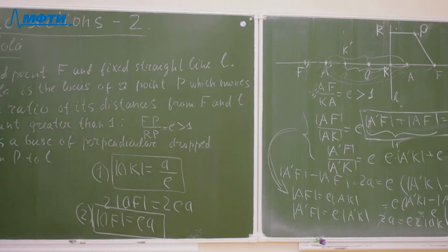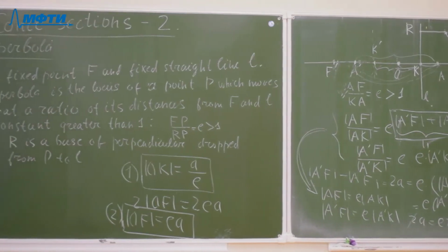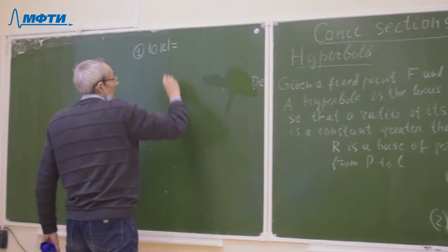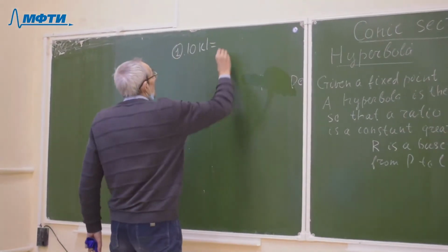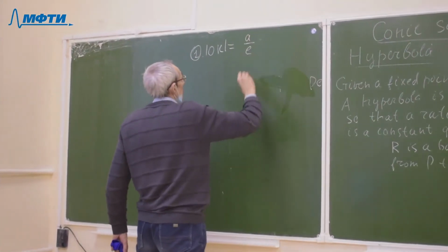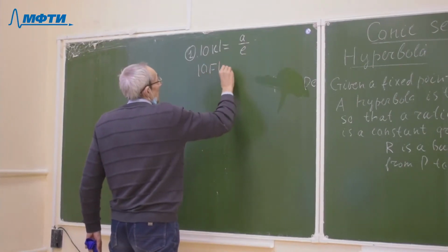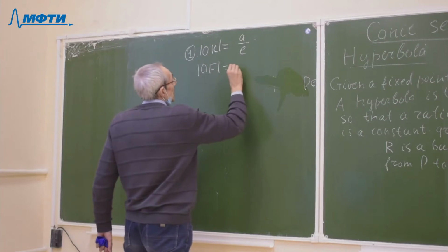We obtain the following basic relations. First of them, OK is equal to the ratio A over E, and OF is equal to the product EA.